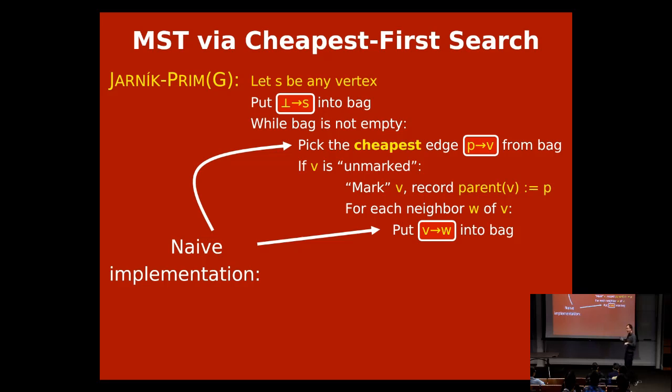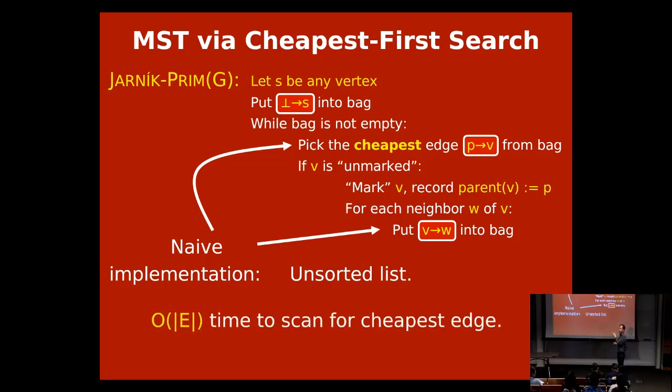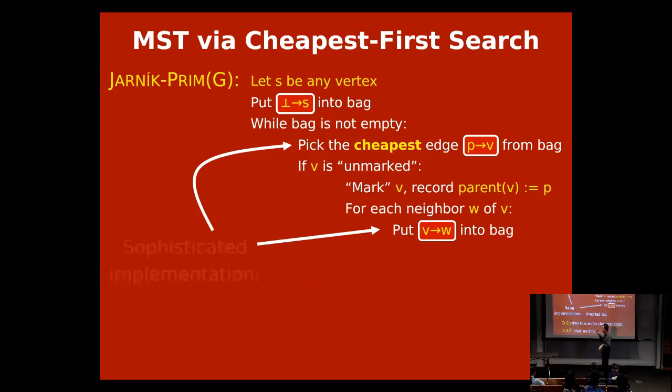So if you just use a stack or a queue, the edges are in there in some arbitrary order, and you might have to just look through all of them to find the cheapest edge. Which is order of E time, if there's that many tiles in the bag, so maybe the overall running time is quadratic. And you know what, we mainly care about the distinction between polynomial time and exponential time in this class, so that's good enough for us for now.